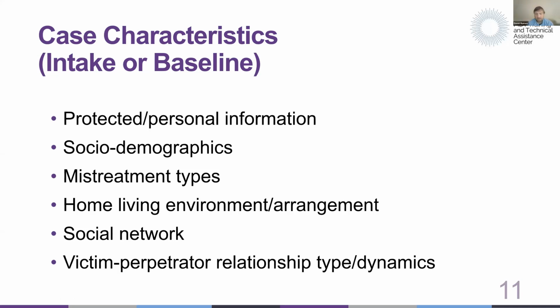It also includes their home living environment and arrangement, which may become very critical to the way that you approach the case. For example, do they live with the alleged perpetrator? Are there other people around? It also covers their social network, who else is in their lives, perhaps as a concerned other who might be able to help, and of course, the victim-perpetrator relationship dynamics.